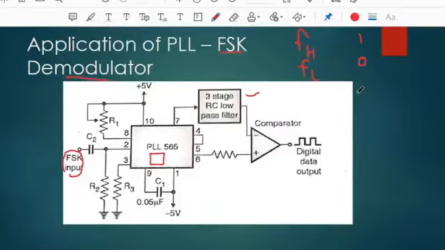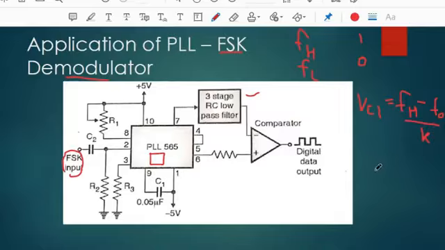The VCO control voltage produced is given by VC1 equal to FH minus F0 divided by K, where K is the voltage to frequency conversion factor.